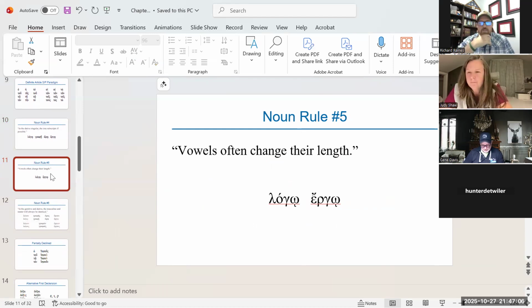This is a rule that has to do with pronunciation, just letting you know that vowels can change their length, like it's a long O or whatever. That's really for pronunciation more than it is translation.